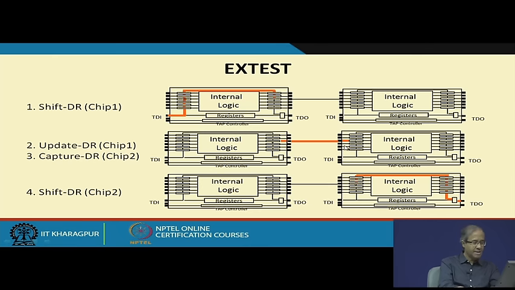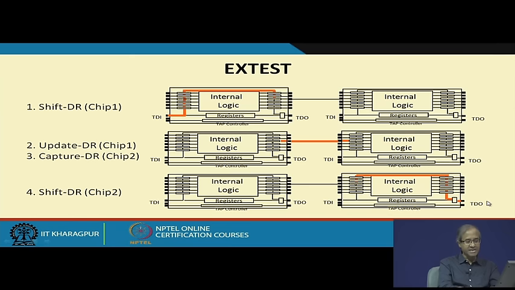Then after capturing, I am configuring chip 2 in the shift mode, again scan mode, and again I am applying clock, so that this bit which was captured will get serially shifted out through the TDO pin. If this interconnection was faulty, then the bit pattern I am shifting in and the bit pattern that is coming out will be different.